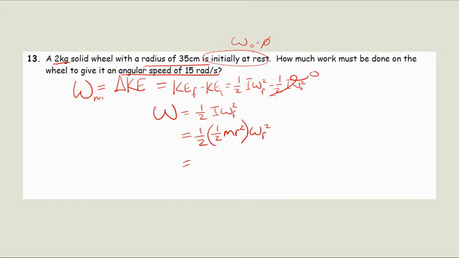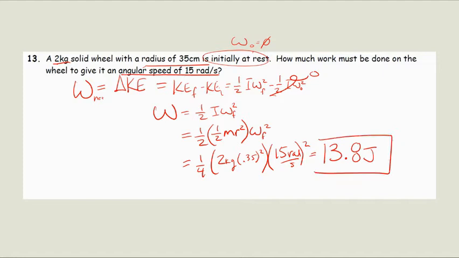So we end up having 1/4 times 2 kilograms, times our radius, which is 0.35 squared, times our 15 radians per second, and that's going to end up being squared. So we end up getting that our work done in this situation is 13.8 joules.